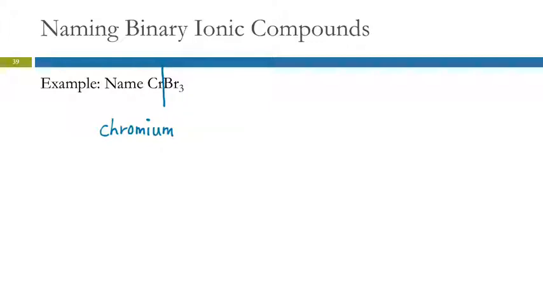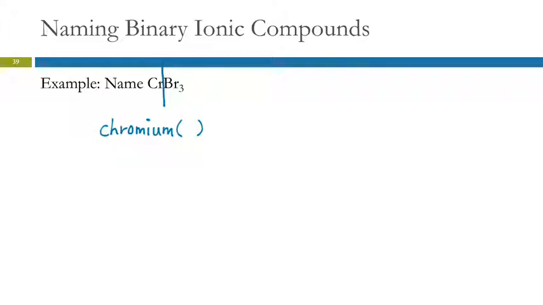Then you have to ask yourself, is chromium in groups 1A, 2A, 3A, zinc or silver? No, it isn't. That means it needs a Roman numeral. I don't know what it is yet, but I'm going to put parentheses here and leave space for the number, and then I'm going to go on and name the anion, and I'll come back to the Roman numeral.